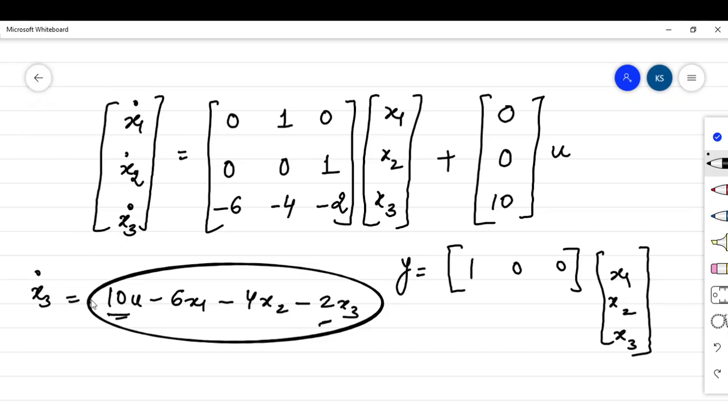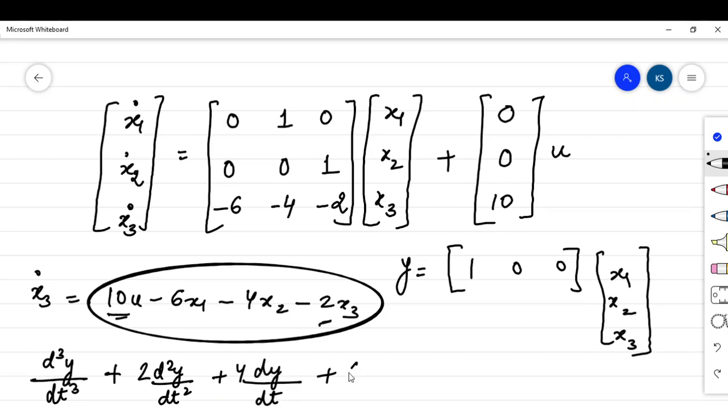Now let us define the state variables in a faster manner. So I am taking the differential equation again, which is d3y by dt3 plus 2 d2y by dt2 plus 4 dy by dt plus 6y equals 10u.